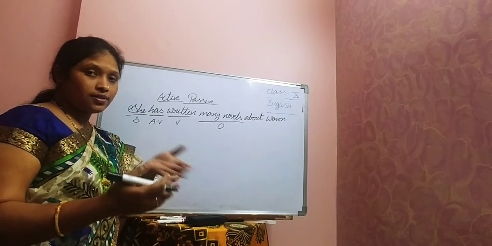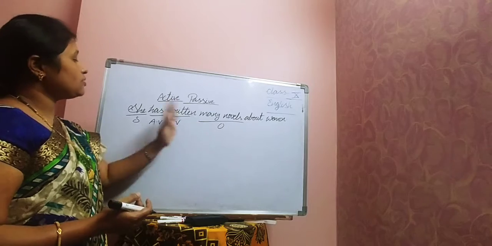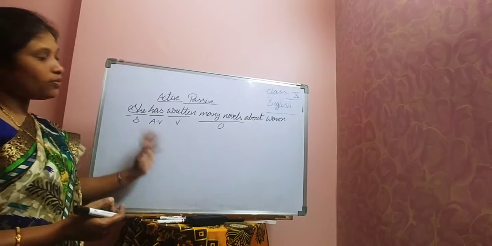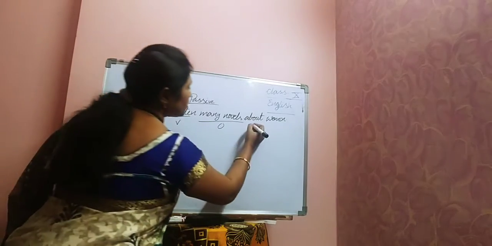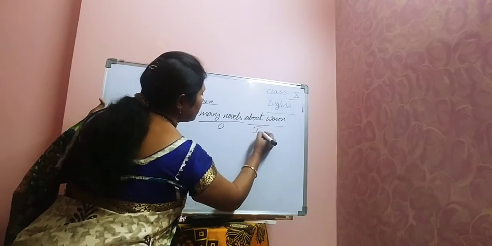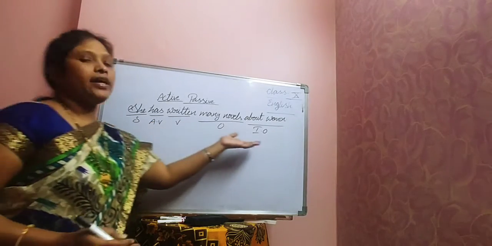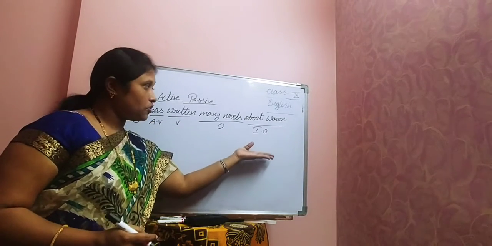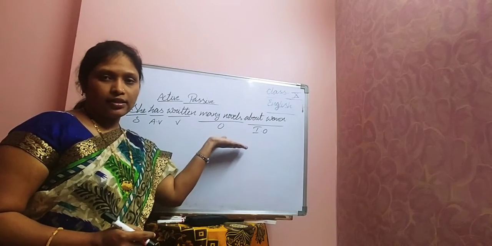Many novels were written by her actually. That's why it comes under object. Next, about women comes under indirect object. That is extra information. Is it clear, children?